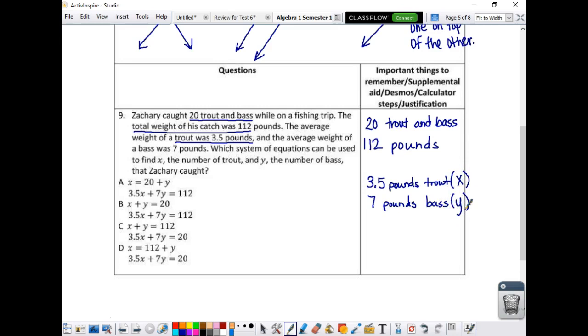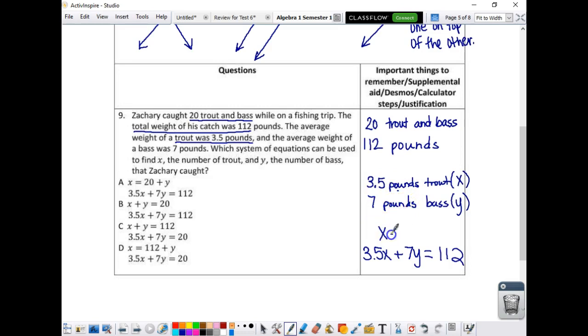First thing you want to do is check to make sure that the numbers and the variables match. In this case, they're all going to match with the number of pounds. 3.5x plus 7y has to be equal the number of pounds, because the 7 and the 3.5 are talking about pounds of fish.